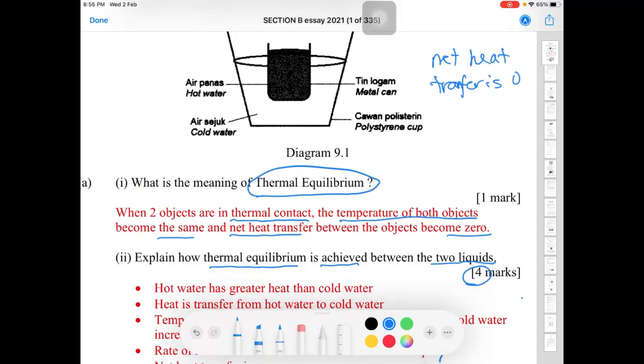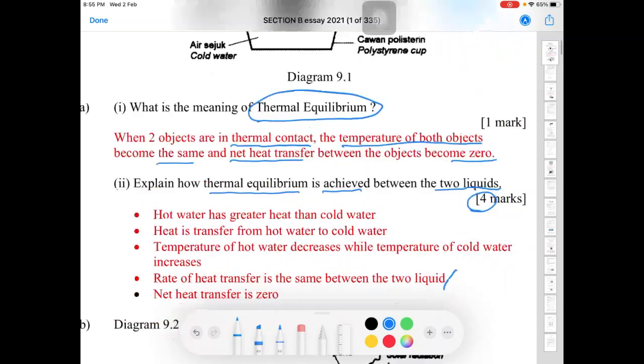Tu nampak jawapan cikgu tu. So hot water has greater heat than cold water. So 1 mark di sini. And then heat is transferred from hot water to cold water. Markah kedua. And then temperature of hot water decreases, cold water increases. Boleh juga markah ketiga. So rate of heat transfer is the same, net heat transfer is 0.